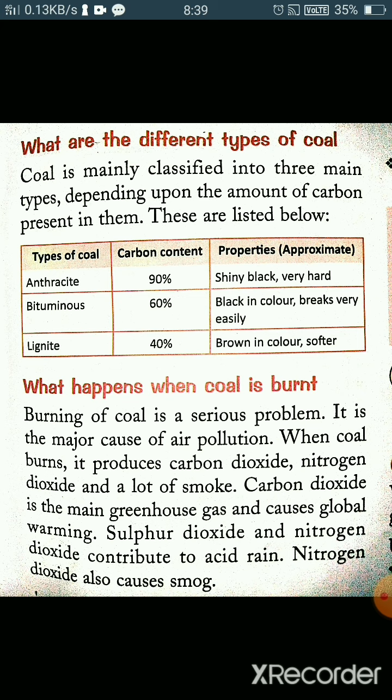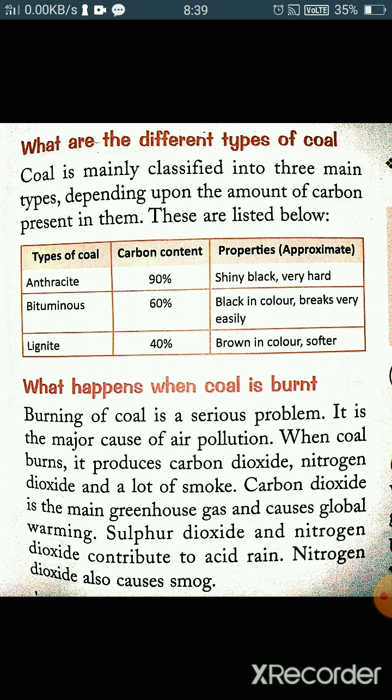Another is lignite, which contains 40% carbon, is brown in color and softer. So these are the three main types of coal, which have different percentages of carbon.